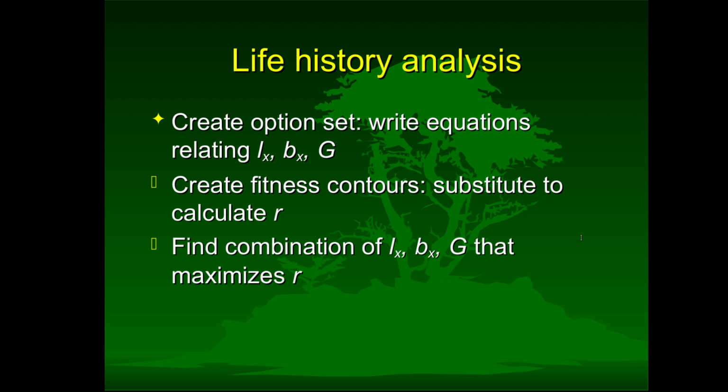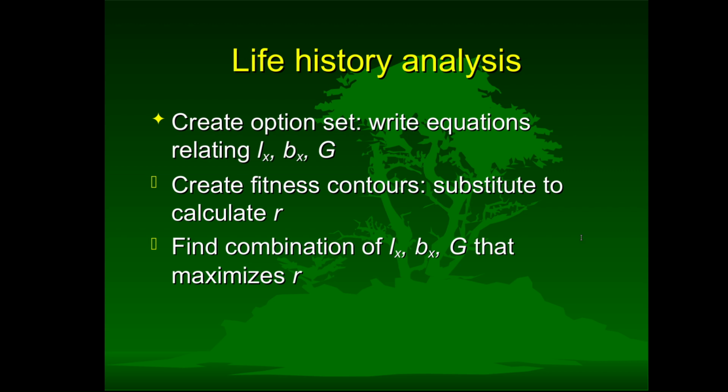And then you find the combination of Lx, Bx, and G that maximizes r, or fitness. That maximum is then the prediction of the evolutionary outcome under your mathematical model. So this is the theory that's used to generate those option sets and fitness contours that we talked about before. It comes from population ecology.